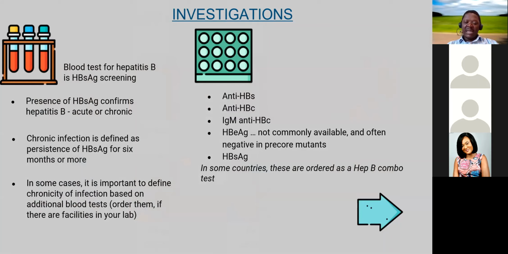Of course, this would be in your slide for you to review and look at. Particularly, the surface antigen is most important in making a diagnosis of chronicity. Looking at the anti-HBs and anti-HBc and all those other paraphernalia will define for you additional information in regards to how the body is handling the immunity for the virus.